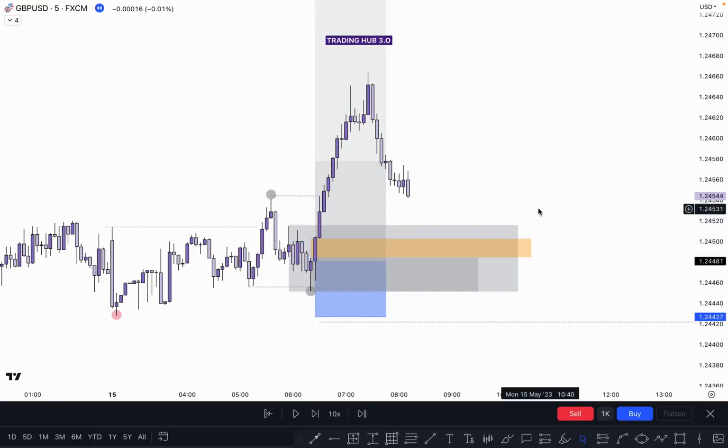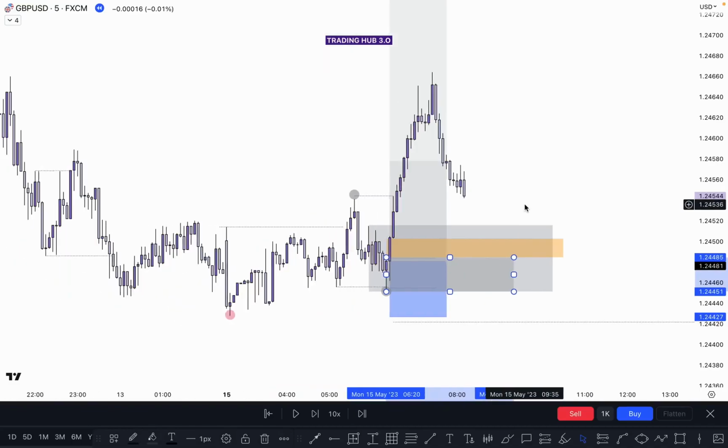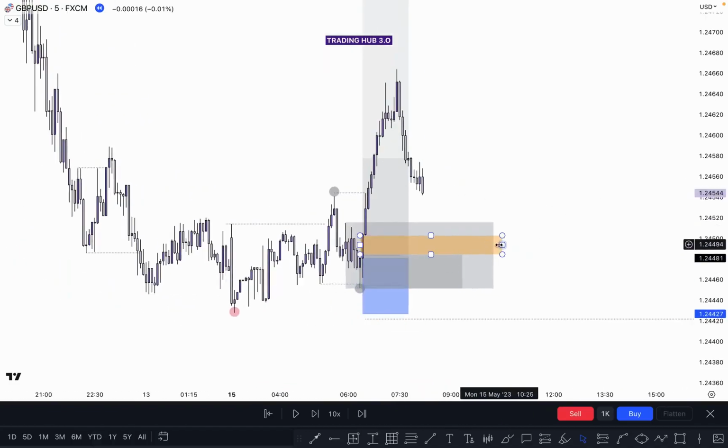But sometimes the market does not reach your order block, because the order block is a refined version of the order flow. That's why. So simply you can choose whatever you want. If the order flow is smaller, then you can choose the entire order flow. If the order flow is larger, then you have to choose inducement, FVG and order block, for refinement purposes. Okay.